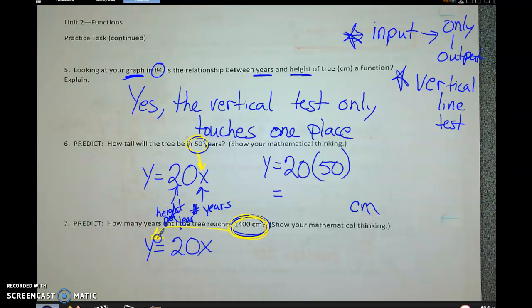So we're going to plug it in, except this time we're going to plug it in for y. So that's going to give us 1,400 equals 20x. Now you have a one-step equation to solve to be able to find x, and x will be the number of years that it takes to be able to reach that height.